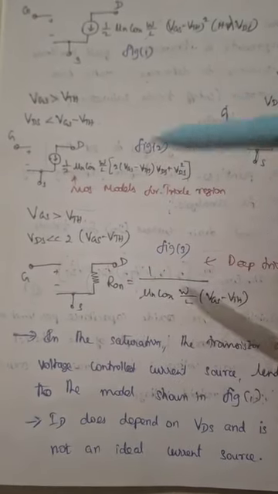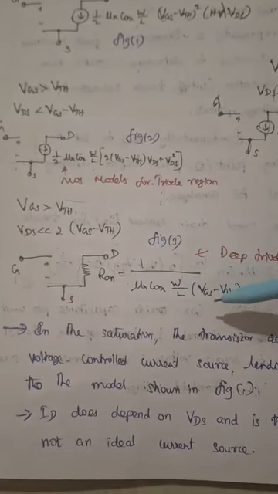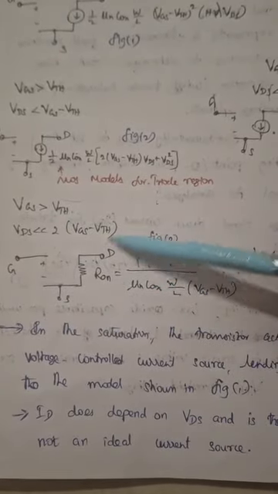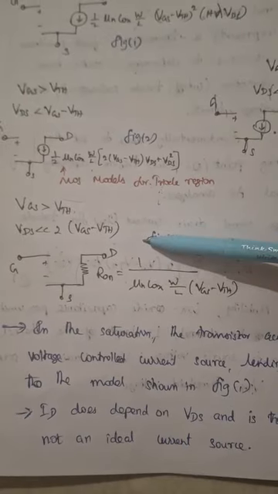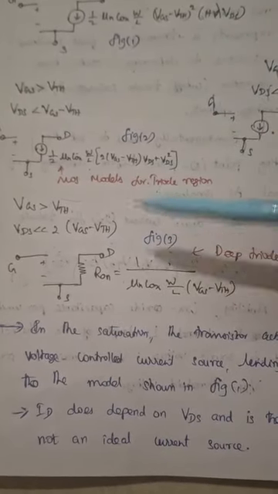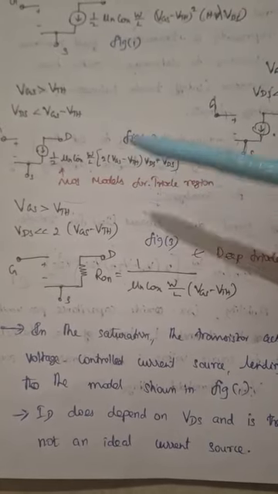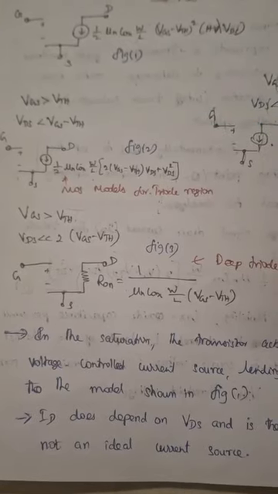The equation is RON equal to 1 by mu n Cox W by L into VGS minus VTH. This is the voltage controlled resistor. In all these three regions, the gate remains an open circuit to represent the zero gate current. This is all about the large signal model.